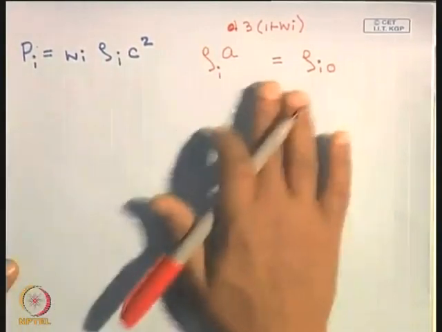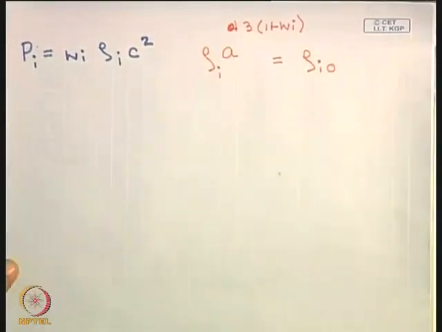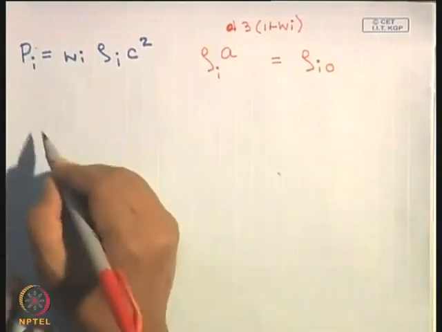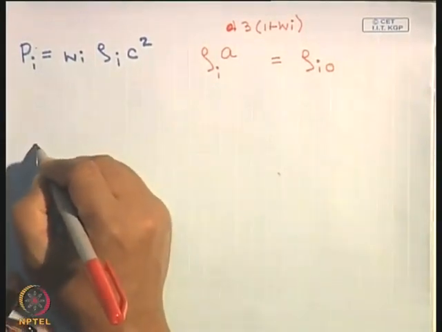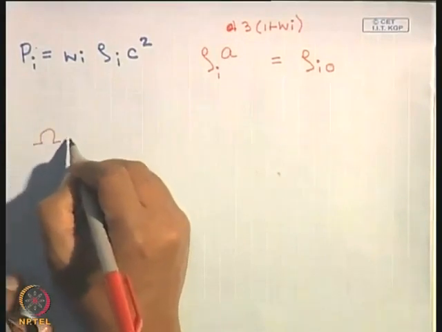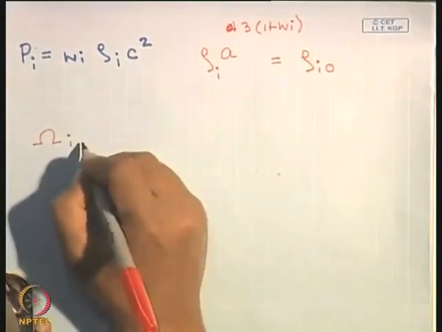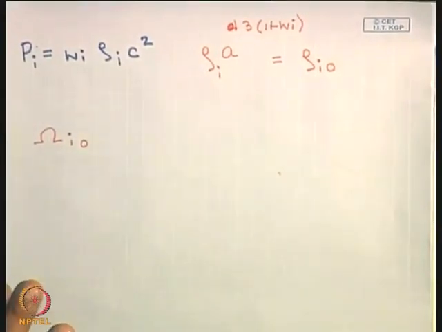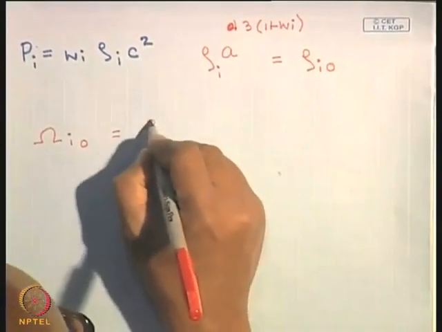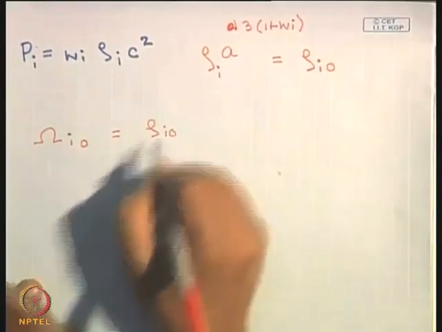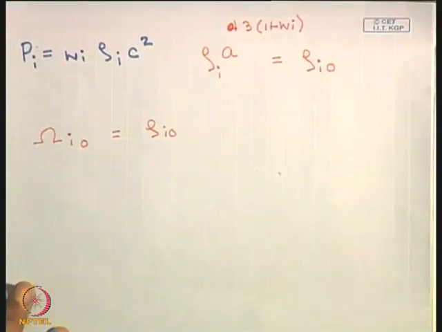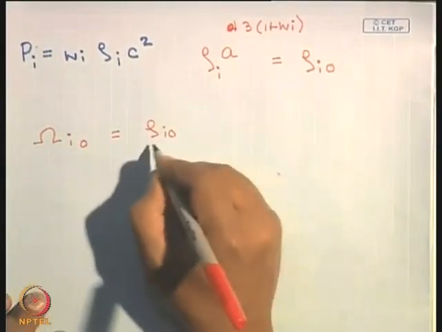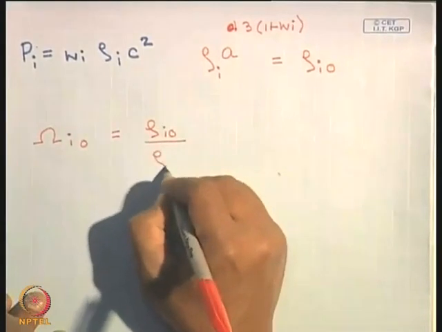So, these were the two things that we did right in the beginning of the last class. The other thing is that we represented the present value of the density of any of these constituents using the density parameter, the value of the density parameter at present. So, the density of any component was parameterized like this, and this is the ratio of the density of that particular component to the critical density of the universe at present.